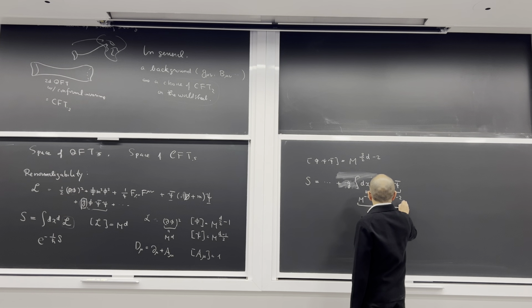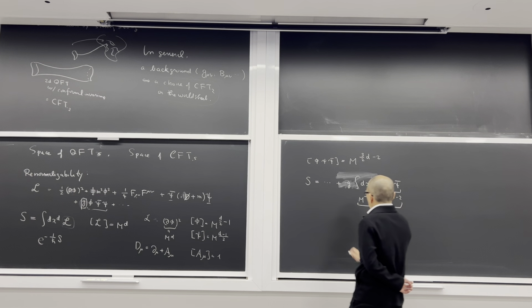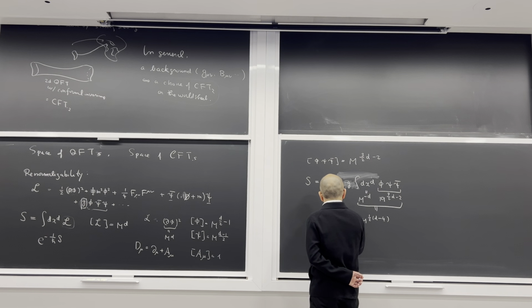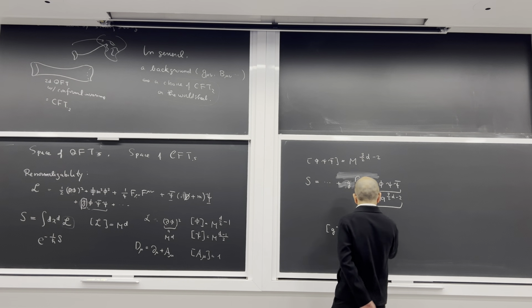So therefore, in total, this has m to the power of half of d minus 4. So that means that the mass dimension of G is equal to m to the power of half of (4 minus d).